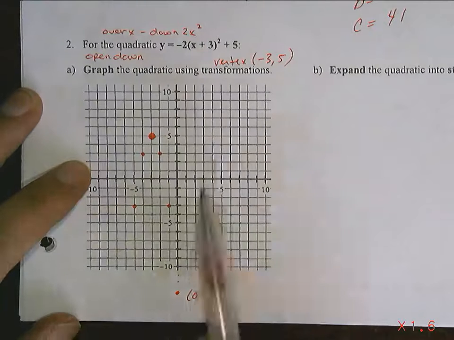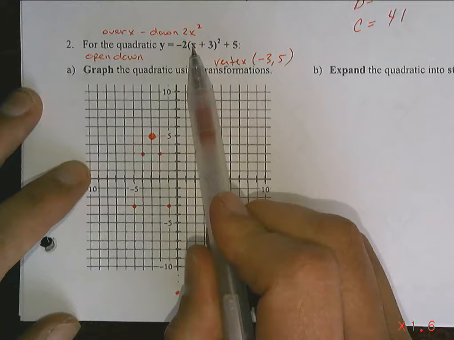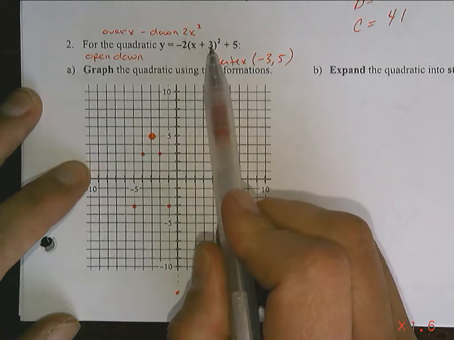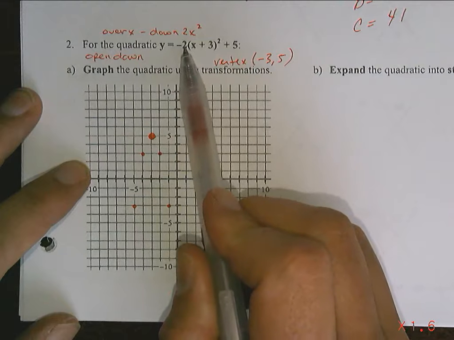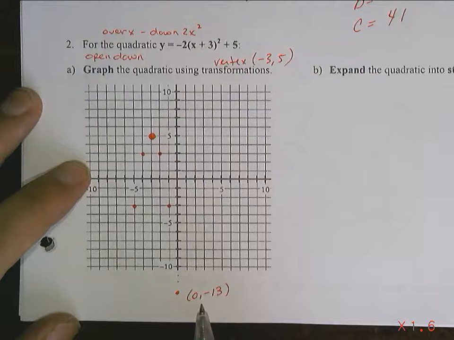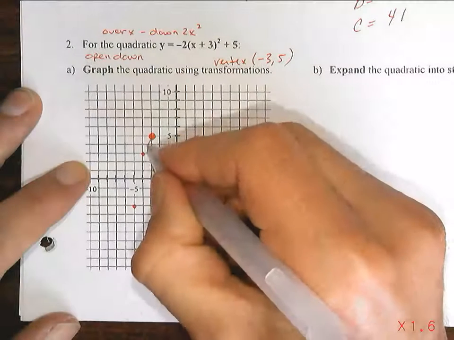What if x is 0? Let's put it in here. If x is 0, it's 3 squared, which is 9, times negative 2, which is negative 18. Negative 18 plus 5 is negative 13. So I got it right. That's going to be where it's crossing the y-axis. So it's going to look something like this.